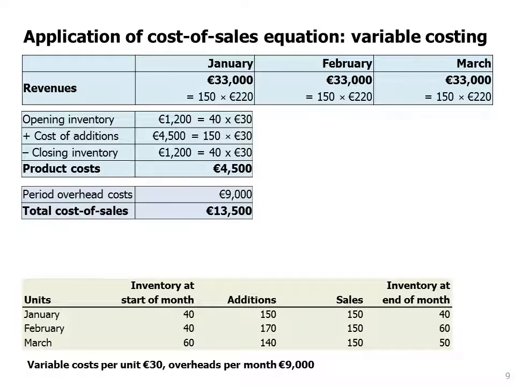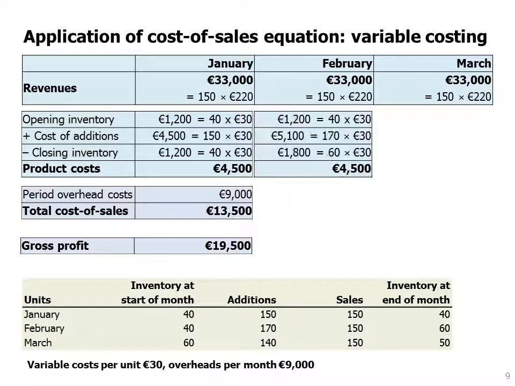And those product costs reflect direct variable costs only. So we need to then add on to that the period overhead cost of 9,000 euros. So total cost of sales is 4,500 direct variable costs plus 9,000 euros period overhead costs. And then that gives us a gross profit of 33,000 euros, less 13,500, is 19,500. Move on to February. So February, number of units sold is unchanged at 150, but now we've got 170 units being produced.